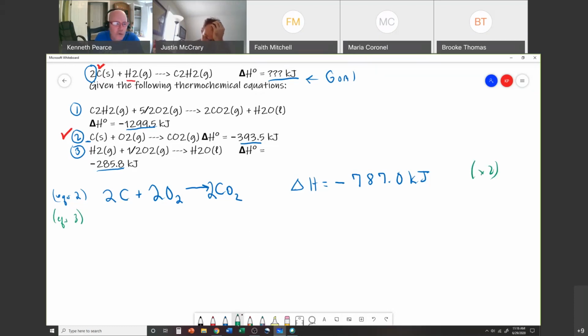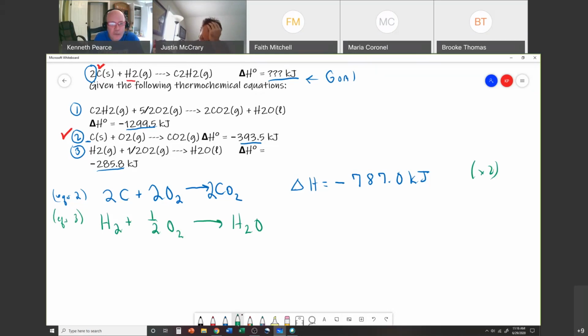I'll just put that there. And so I'm going to copy down equation number 3. And so that's H2 plus half an O2. And then we say that goes to H2O.